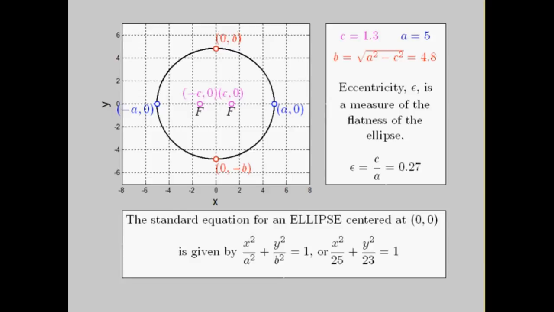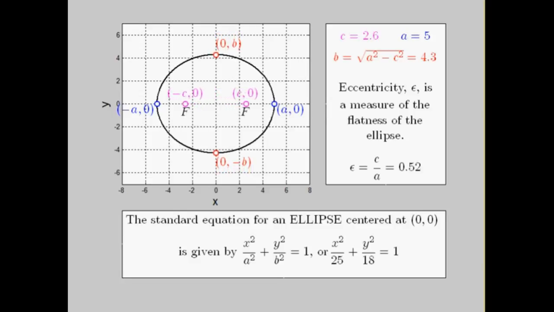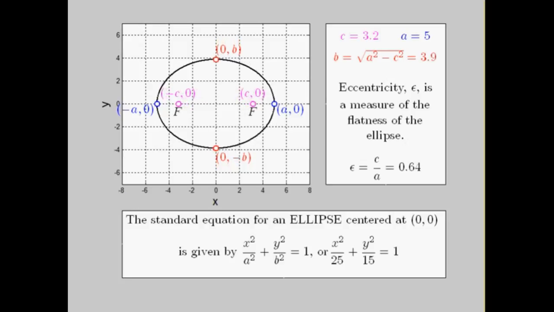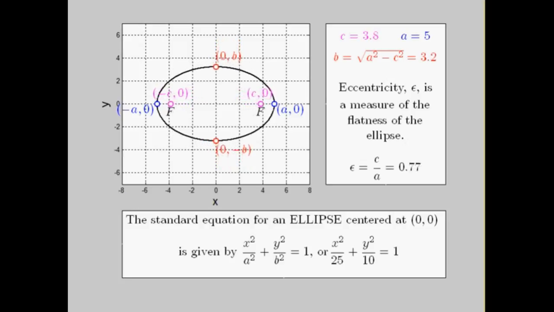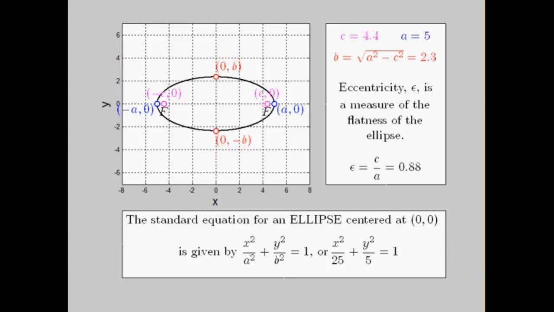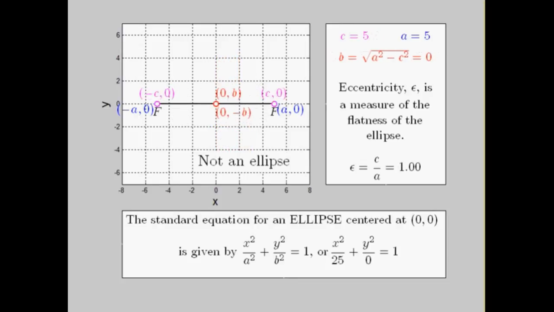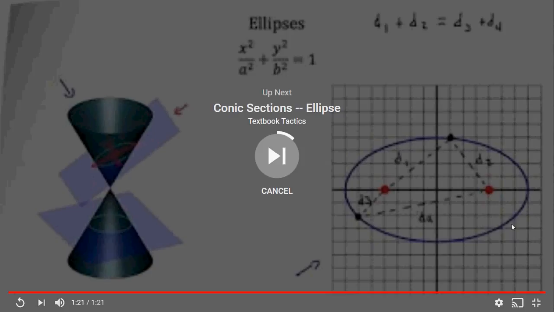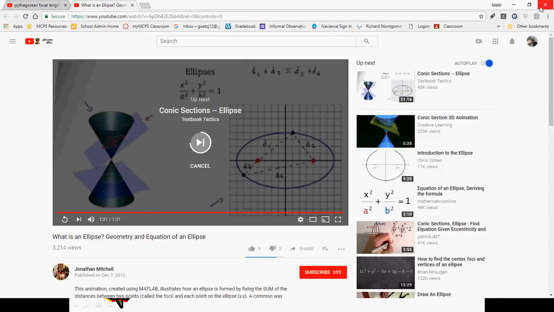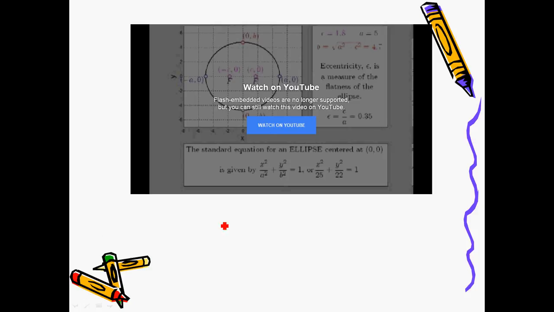But notice here that as the focal length gets longer and longer, they call the focal length C in this, right, which we do. Look what happens to the ellipse. Oh! If the ratio of the focal length to the semi-major is 1, you ain't got an ellipse. There's lots of cool videos about conic sections on YouTube. Please feel free to Google away.